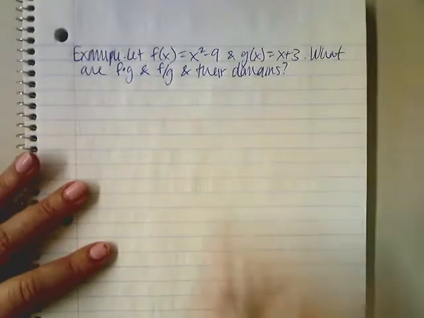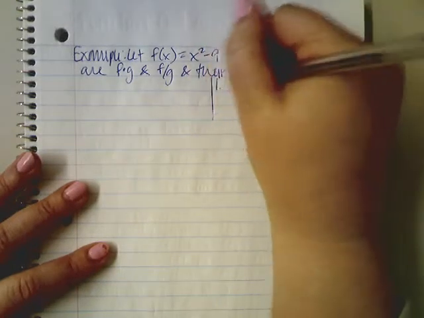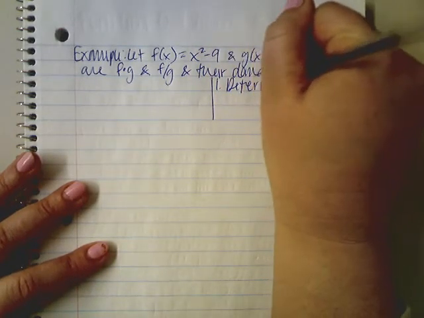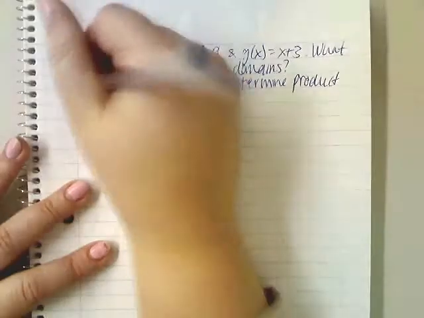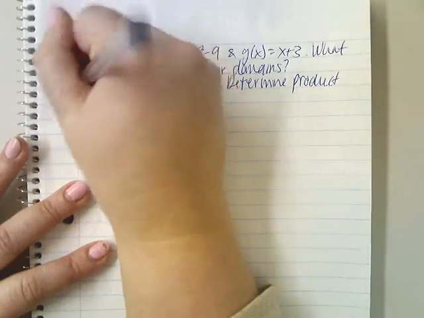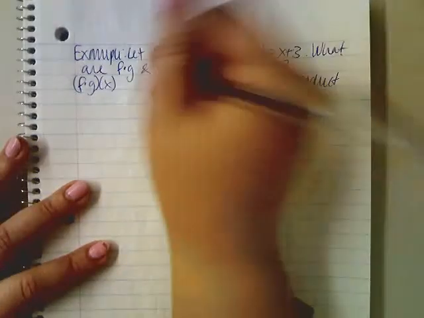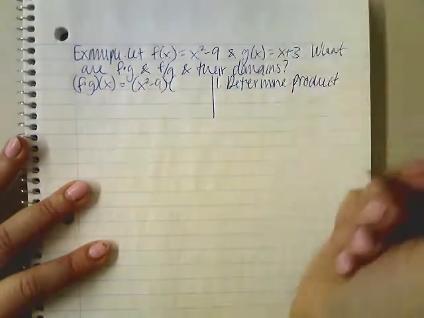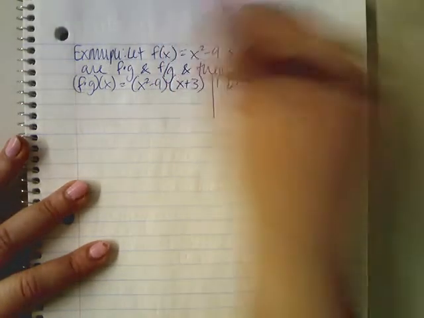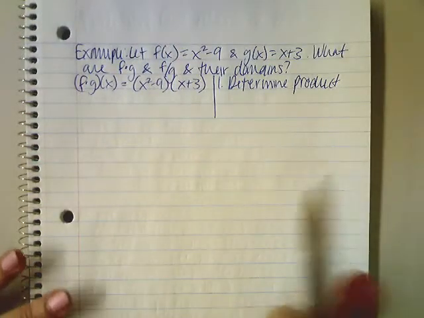All right, so to do this, I'm going to first start by determining the product. So here I'm going to do f dot g of x, and that's going to equal f of x, x squared minus 9, times g of x, x plus 3. And all I need to do here is multiply those or FOIL that out.